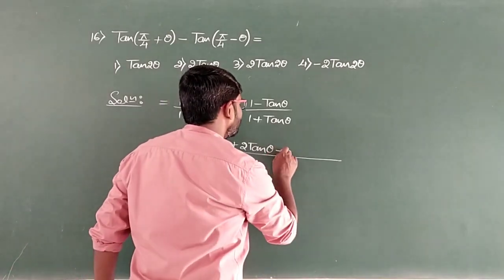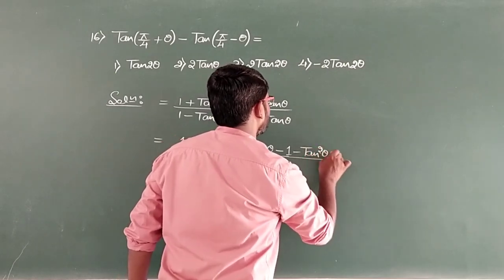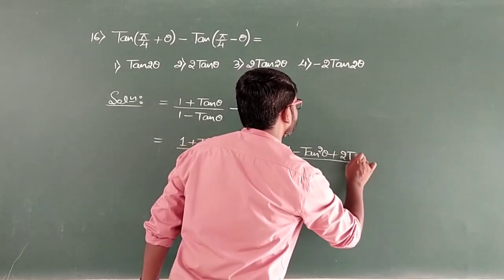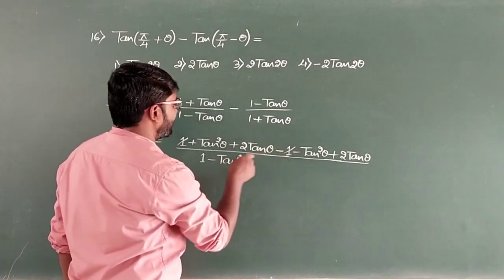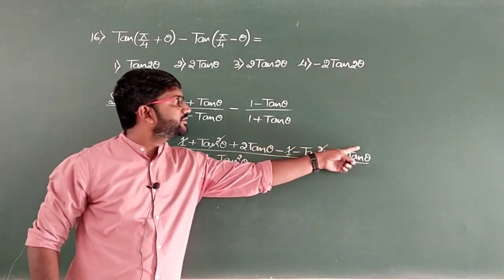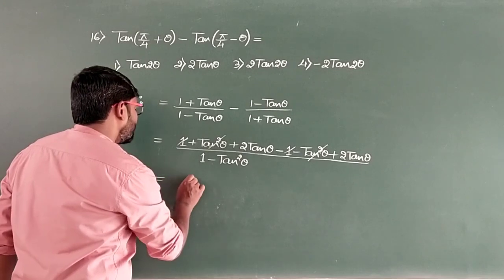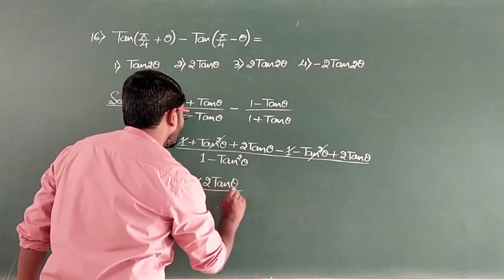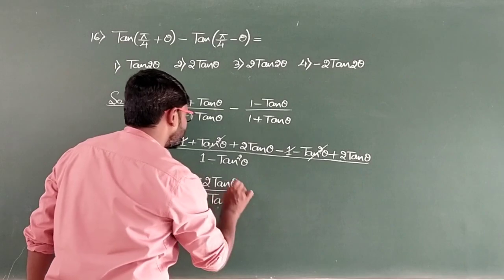So it is minus 1, then minus tan square theta, then minus into minus we get plus 2 tan theta. So plus 1 minus 1 cancels, plus tan square theta minus tan square theta cancels. 2 tan theta plus 2 tan theta will be 4 tan theta, and that 4 can be written as 2 into 2 tan theta divided by 1 minus tan square theta.